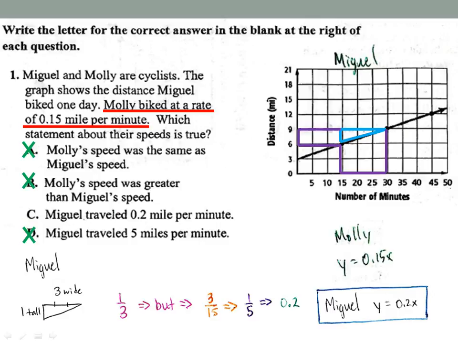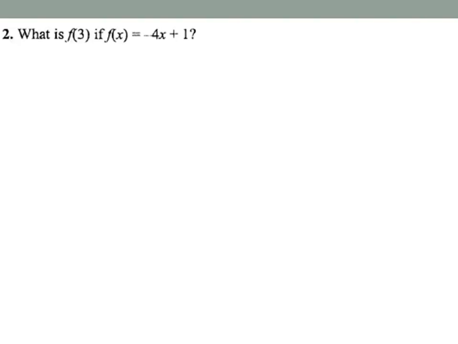All right, now for that accidental preview of number 2. What is f of 3 if f of x is equal to negative 4x plus 1? I'm just plugging in the 3 for the x to find f of 3. If I rewrite it, f of 3 is equal to negative 4 times 3 plus 1.